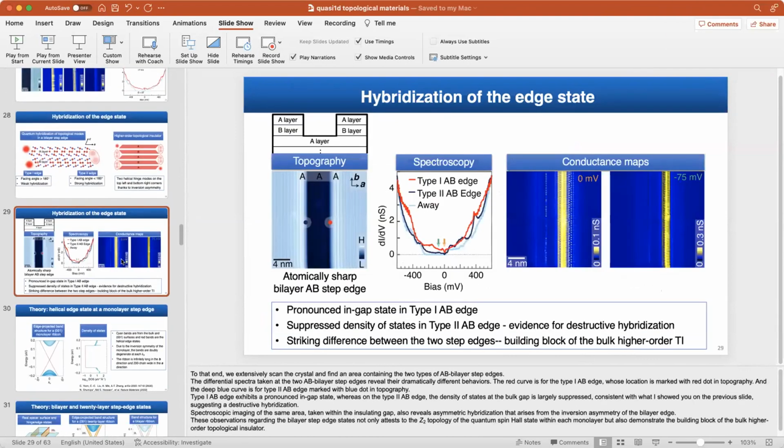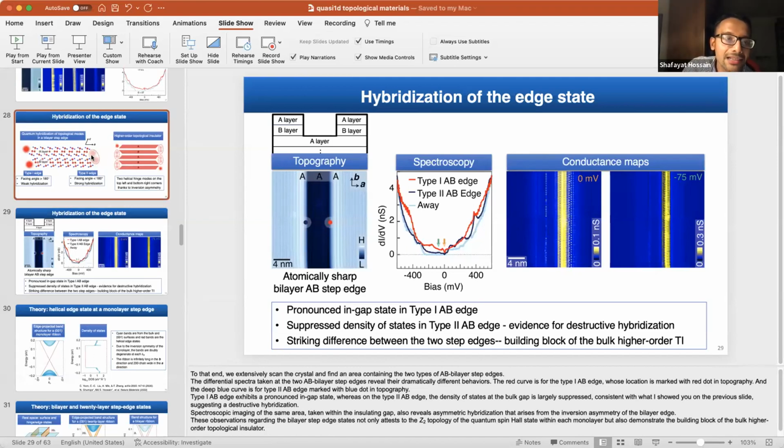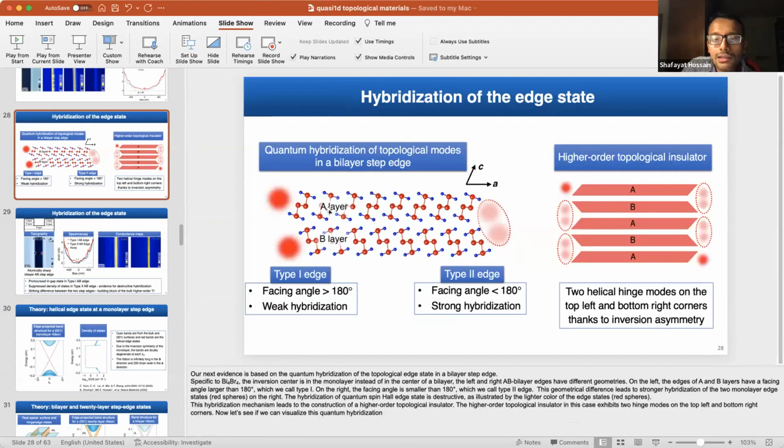So in this way, when you have your AB type and your different type 1 and type 2 edge, they are not necessarily monolayer to bilayer, am I correct? They're all bilayer, like this.